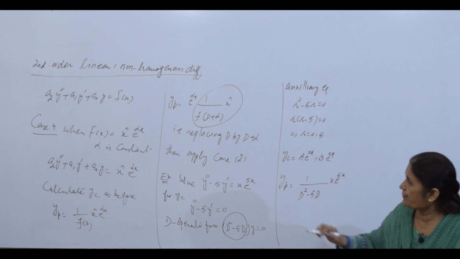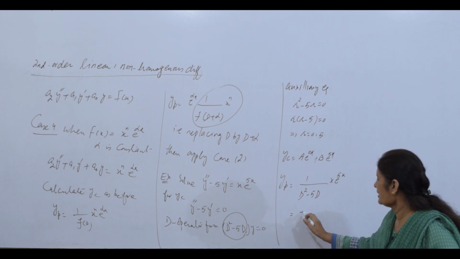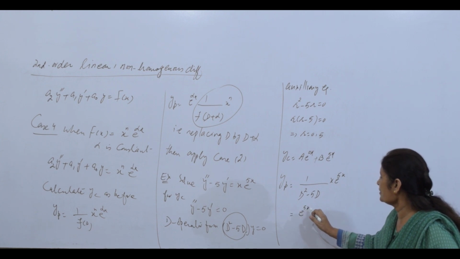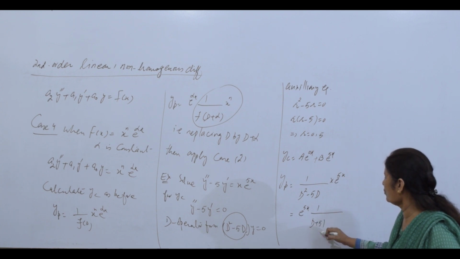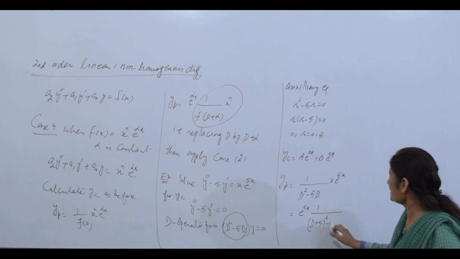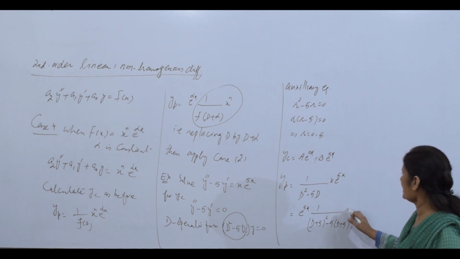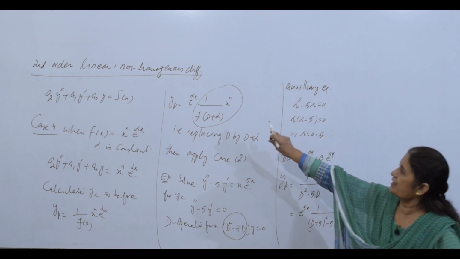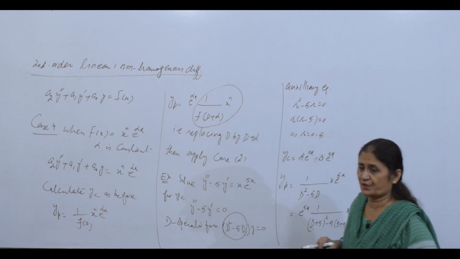Now we have replaced D by D plus alpha, and alpha is 5. E raised to 5x there, 1 over D plus 5 whole square minus 5 times D plus 5, and x is remaining. Look at that, the exponential has played its role and now the polynomial function is remaining.